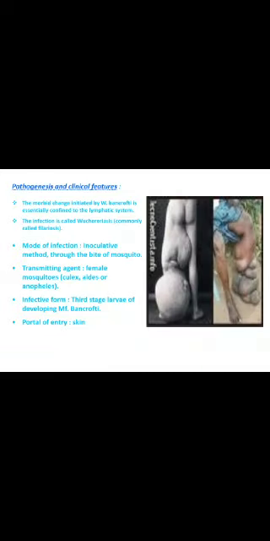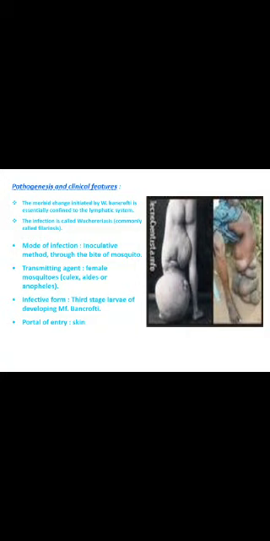Now coming to the clinical features. I told you microfilariae are present in the blood and the adult worms are present in lymph nodes or lymphatics. So our clinical features will depend on the injuries caused by these adults and microfilariae. The clinical features are mainly lymphedema, lymphangitis and lymphatic filariasis.